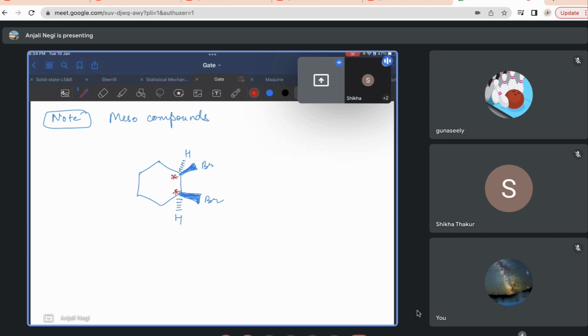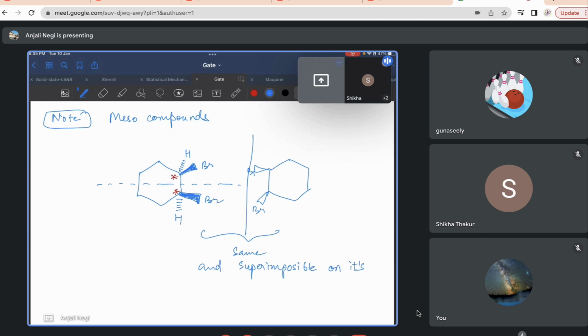The actual reason behind this is the presence of the plane of symmetry. Because of the plane of symmetry, if you try to draw a mirror image of this molecule, you will find both are the same and superimposable on its mirror image.